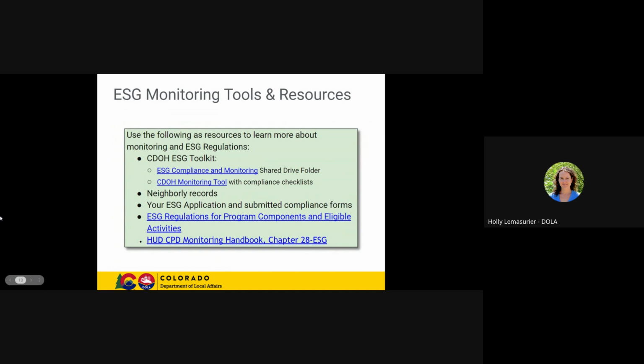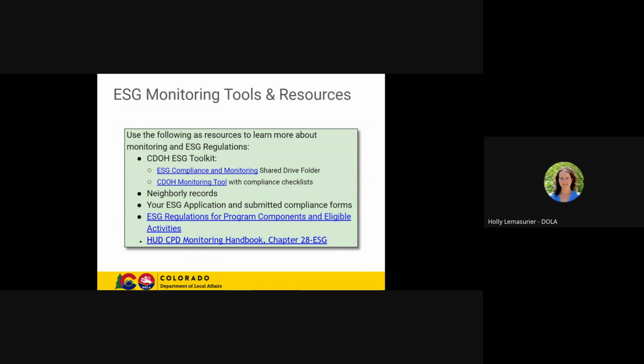And to highlight a few helpful tools and resources for you as you prepare for your monitoring. During the monitoring process, when you are notified you will be monitored, you will be provided with a link to our Emergency Solutions Grant Compliance and Monitoring Shared Drive folder.